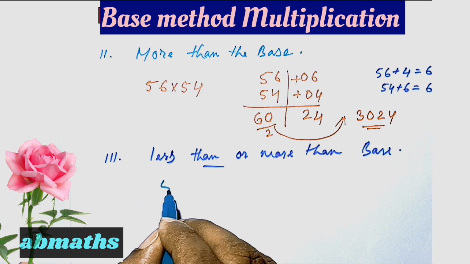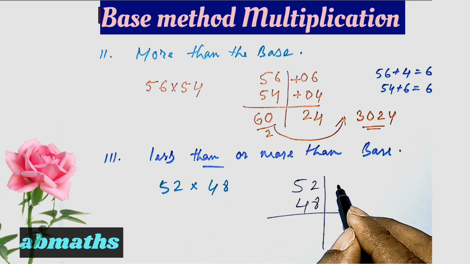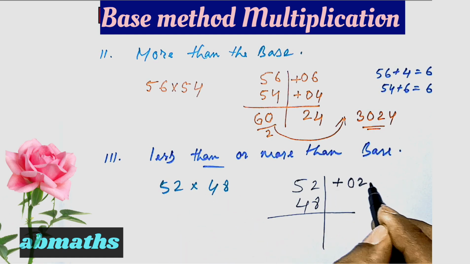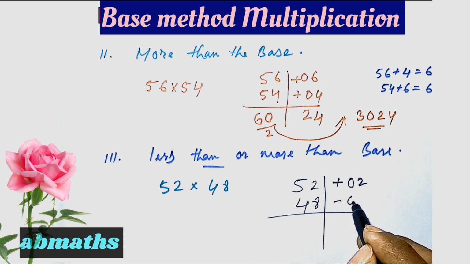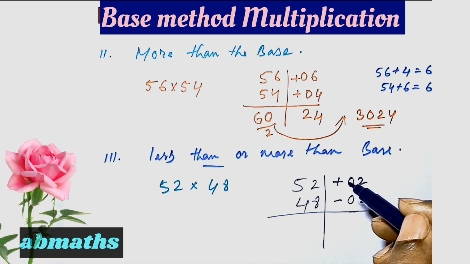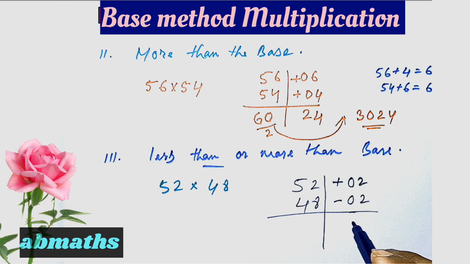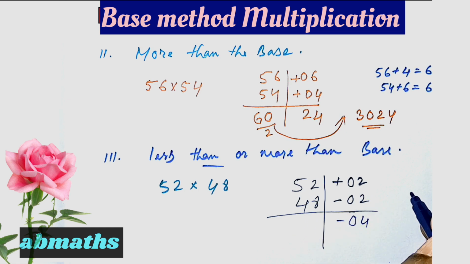Now let us take another case. Let us take an example: 52 into 48. 52 is 2 away from 50. 48 is 2 less than 50. Here what we will do is plus into minus will be minus. So 2 twos are 4. This is minus 4. 52 minus 2 is 50. 48 plus 2 is 50, we can write it in this way.